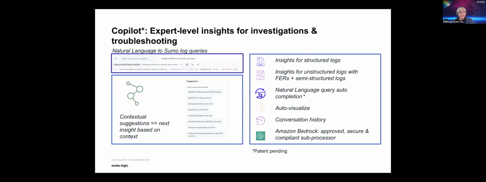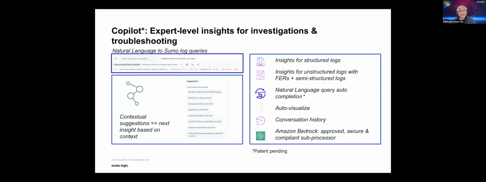As you are aware, for more than a decade, Sumo Logic has been running on AWS. We use services like EC2, S3, and things like this. Amazon Bedrock, which is our large language model technology, is essentially just like that. What it helps us demonstrate to you is that it's an approved and secure data subprocessor, much like any other service that we use from Amazon.